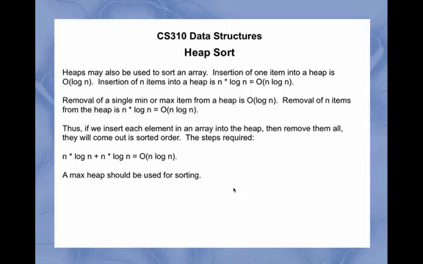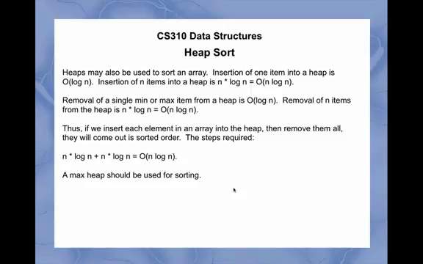So if one insertion is log n, then n insertions is n times log n, which is n log n. Removal, similarly, is log n. So if you're removing n things, you have n times log n, which is n log n. So the process for using a heap to accomplish a sort is you insert each array element into the heap and then you remove them all, and they will come out in sorted order.